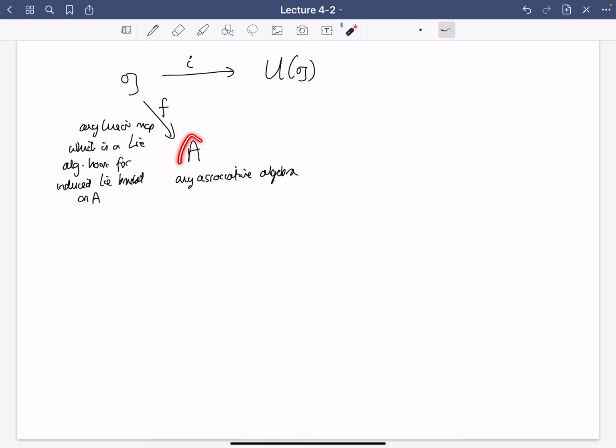So A is an associative algebra. You can think of it as a Lie algebra by defining its Lie bracket to be the commutator. And I want this F here to be any Lie algebra homomorphism from G to that associative algebra A. Well, then the universal property is that there exists a unique F bar, a unital algebra homomorphism, making that diagonal commute.